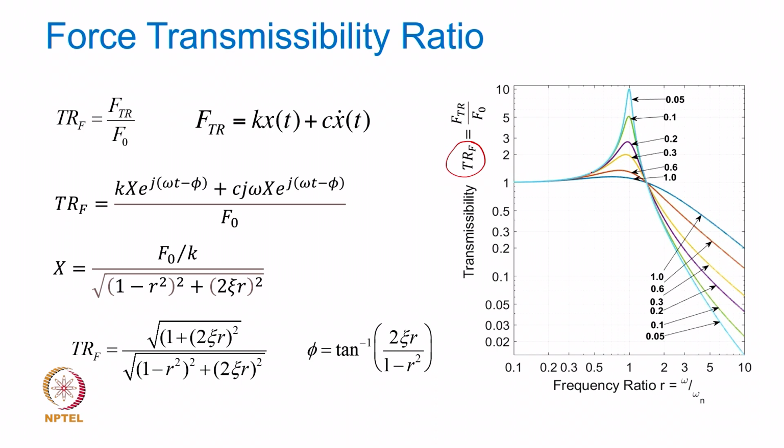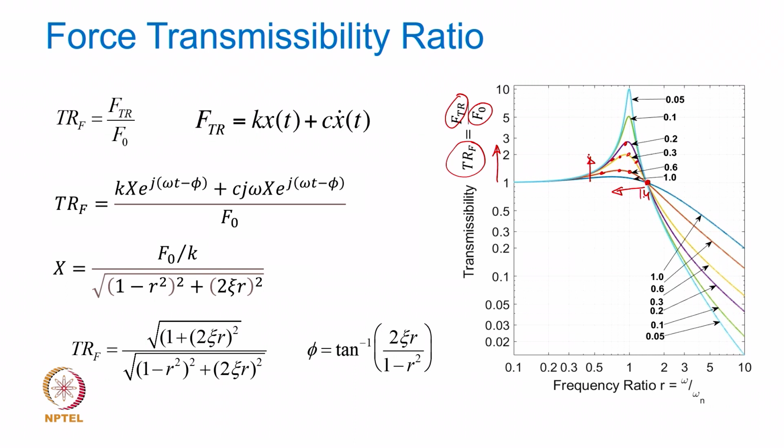It does not change the character, in the sense that you still have this interesting point at square root of 2, or 1.44, below which any excitation force amplifies the force transmitted to the ground, which means that the transmitted force is greater than F naught. That is why this transmitted force ratio is more than 1.